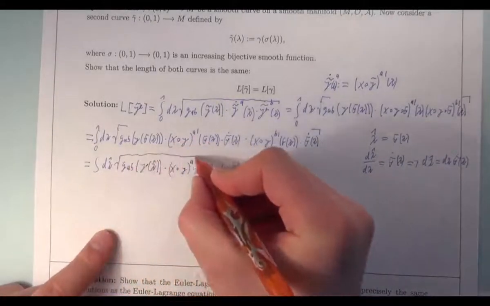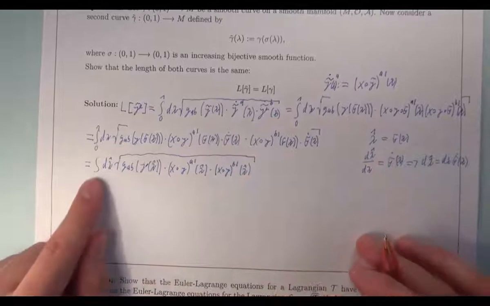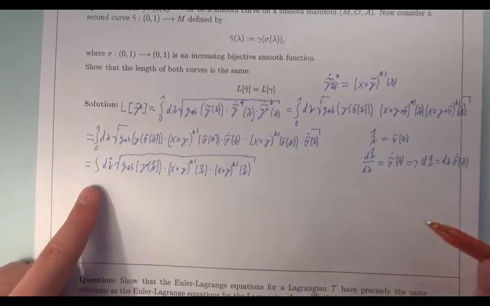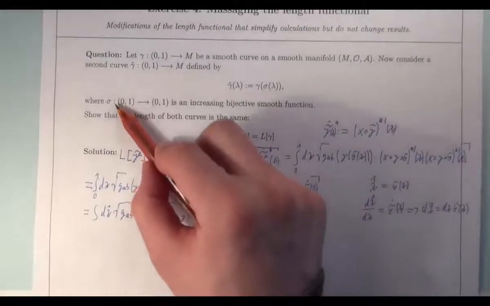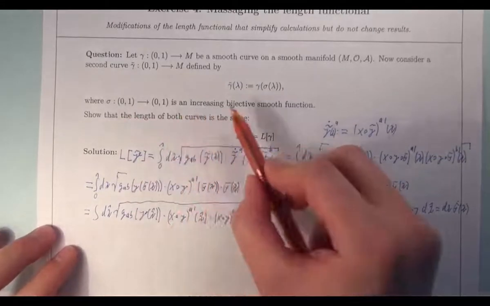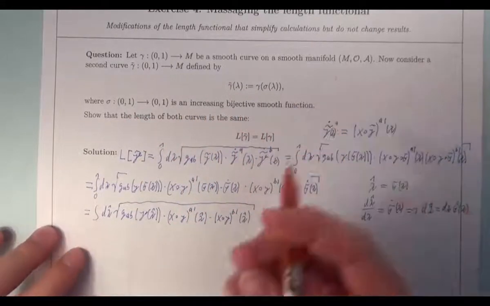Okay. I already said that I do not talk about the limits yet, but since we know that the sigma function is increasing and bijective, we know that the limits stay the same.